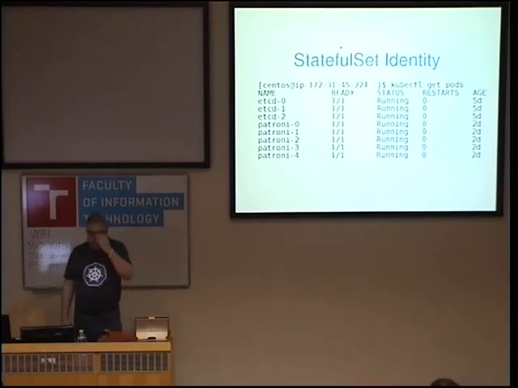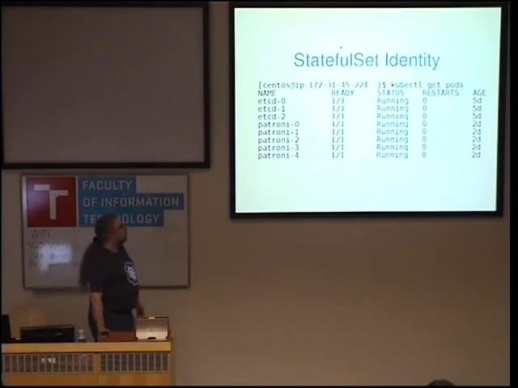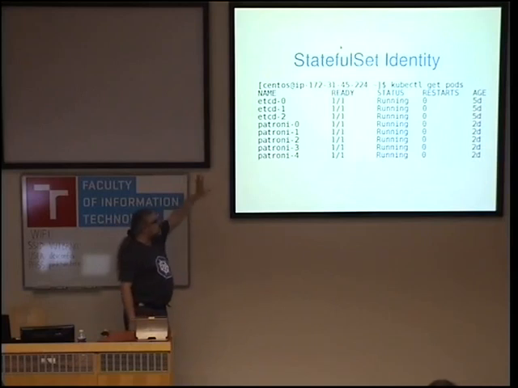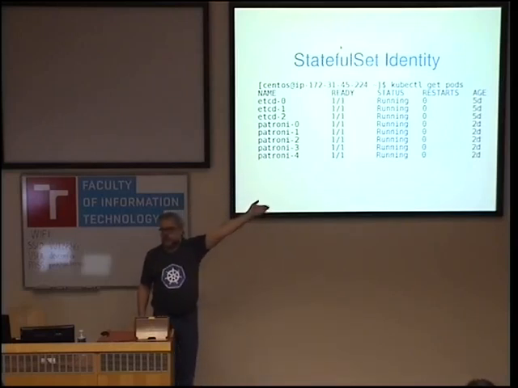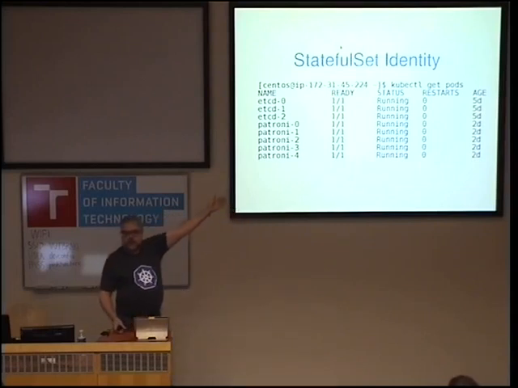Now, StatefulSet implements this. I'm going to show you this again during the demo, where they actually just implemented the very simple concept that every time you deploy a StatefulSet, the first node starts with an array number of 0, and then we just go upwards from there.